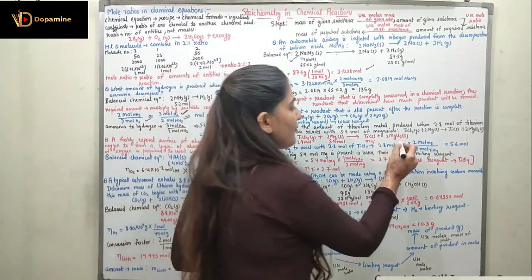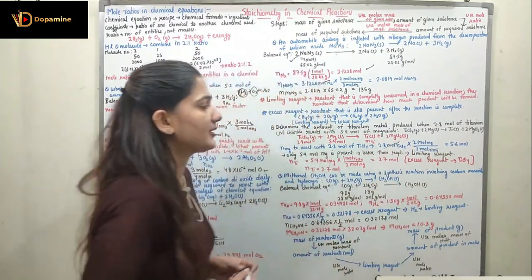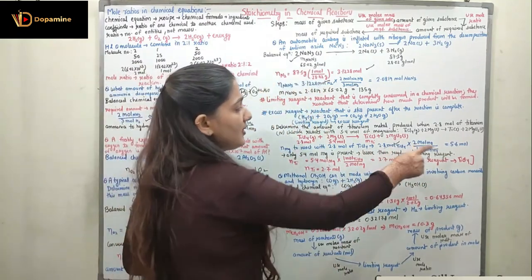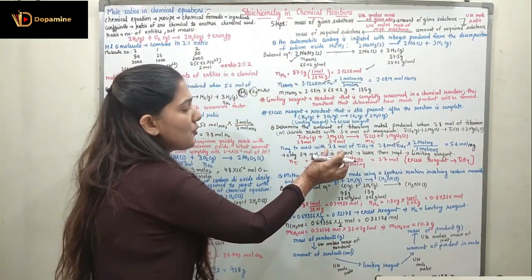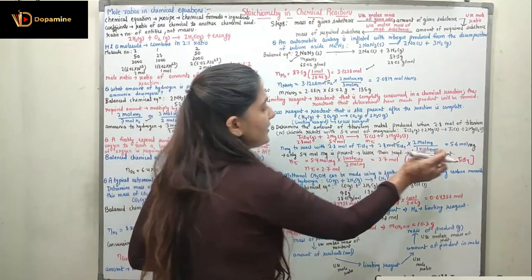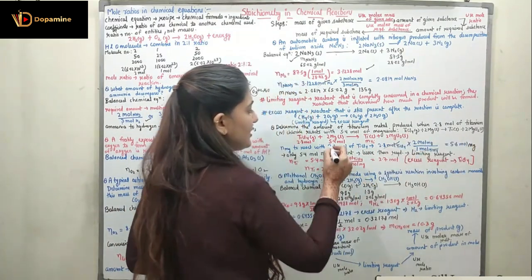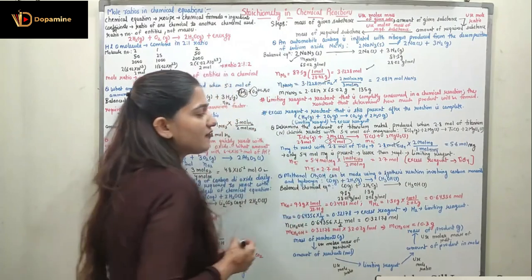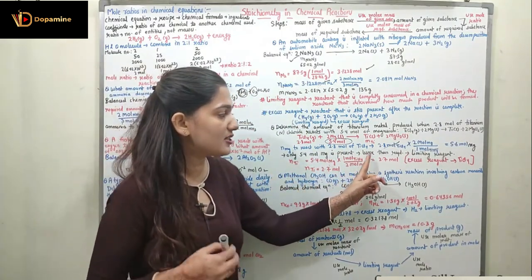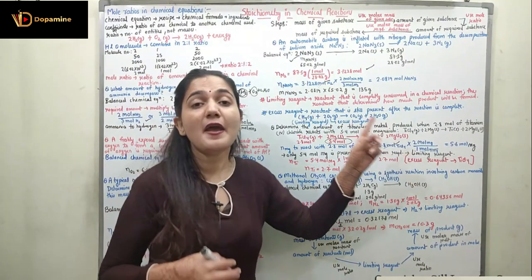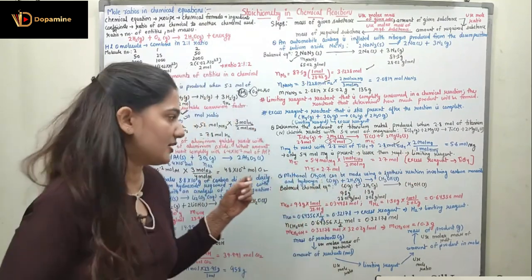The moles of titanium chloride get cancelled out, so I am left with 5.6 mole of magnesium. So if I have 2.8 mole of titanium chloride, it requires 5.6 mole of magnesium. The amount of magnesium is 5.4 mole only, which is lesser than required. So I can say magnesium is the limiting reagent, right?